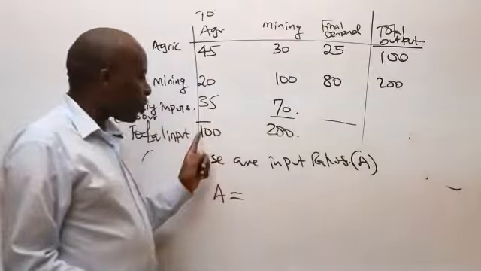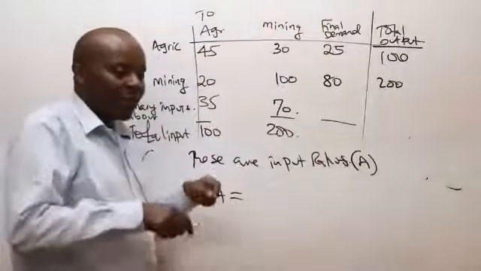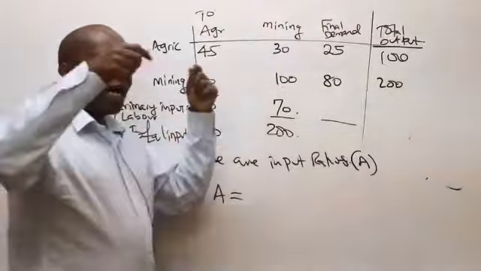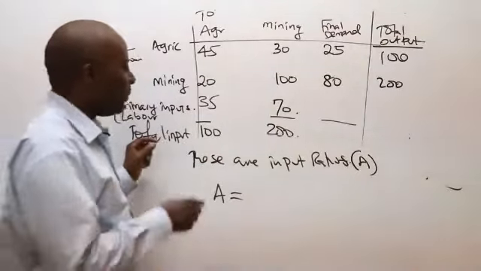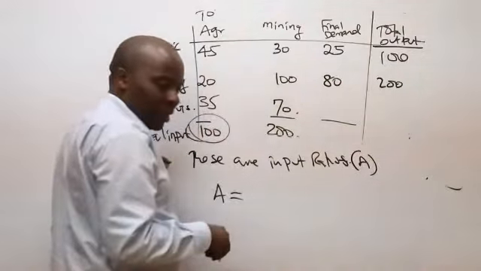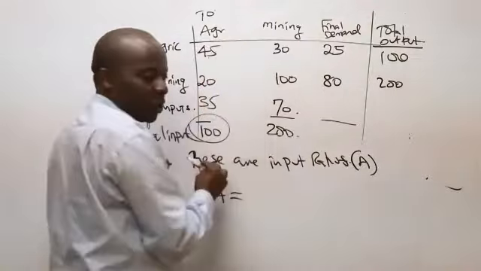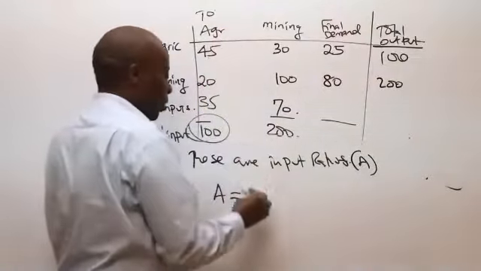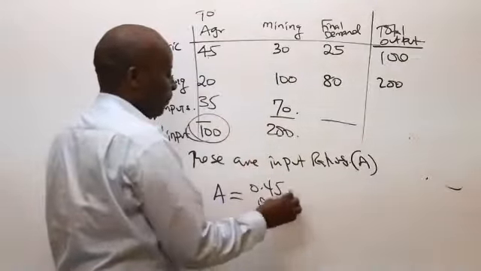Remember, we must first start by planting and then we harvest. So the input is a benchmark, and here we normally go down. Like now here we'll talk of 45. So the input ratios of agriculture will be 0.45, and this will be 0.2.